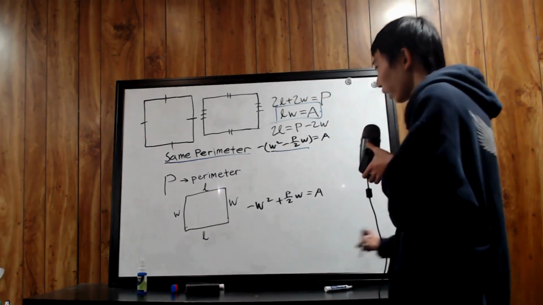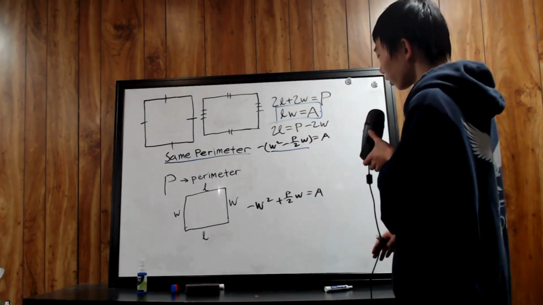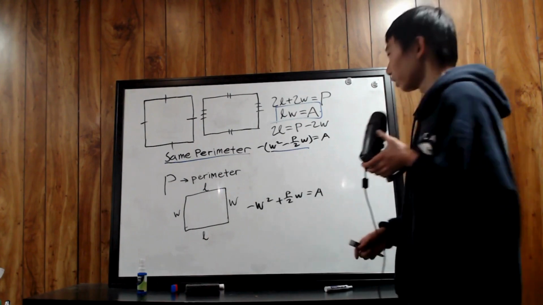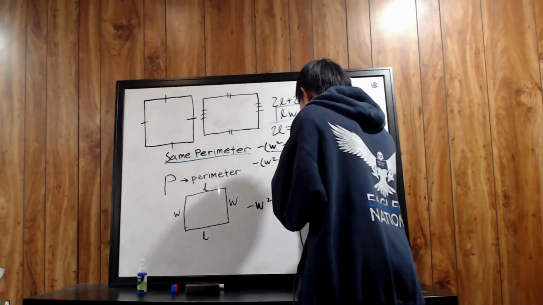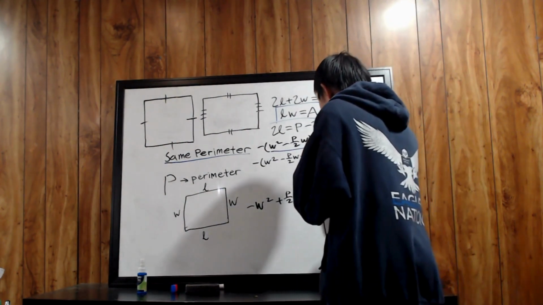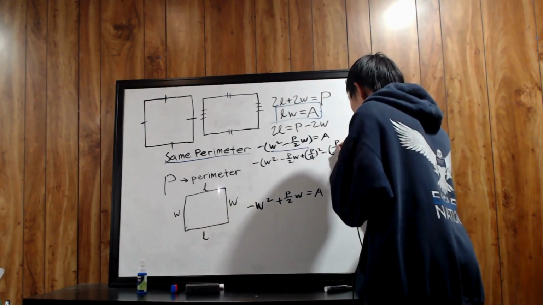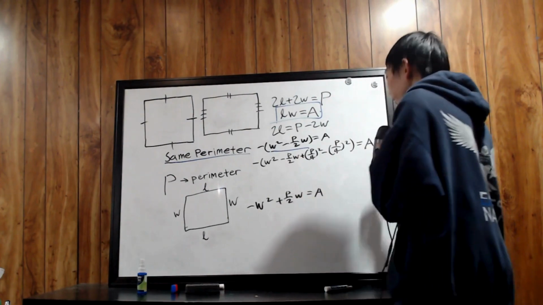We take half of the coefficient of W, which is P over 4, and we square it. We add that, and then we have to subtract it back, because you can't just add something for free.